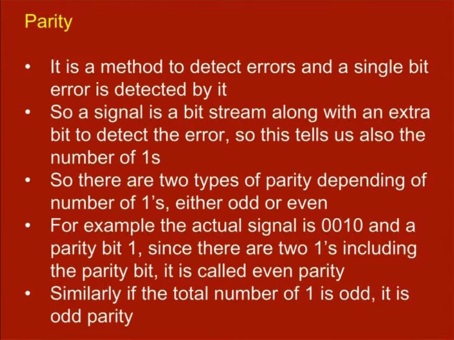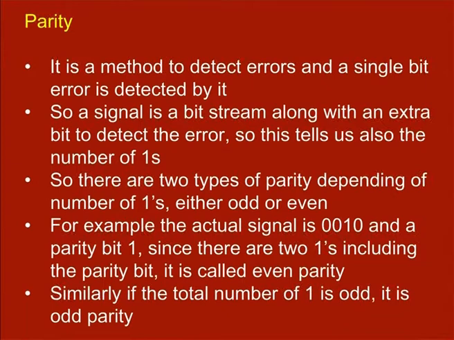There are two types of parity depending on the number of ones. Either it is an odd parity if the total number of ones is odd, or it is an even parity if the total number of ones is even.